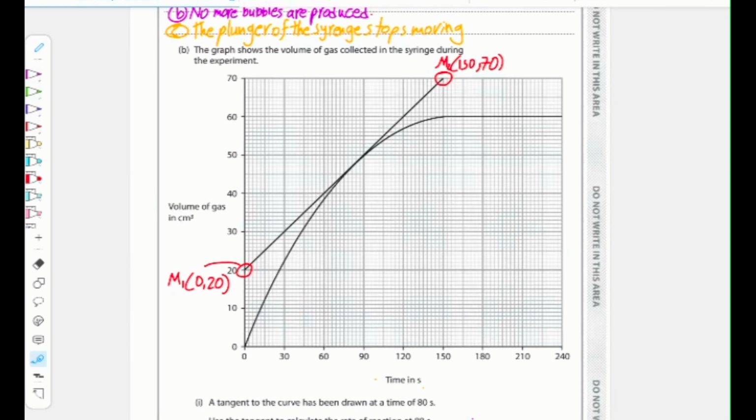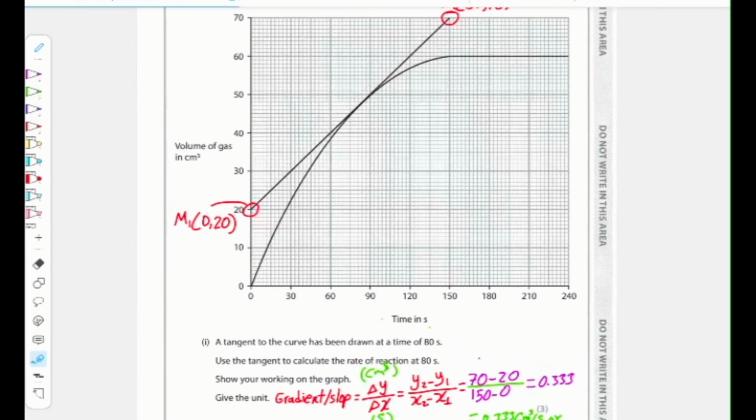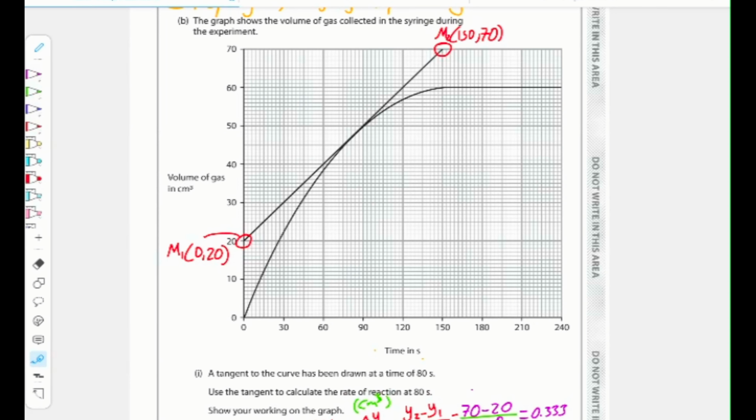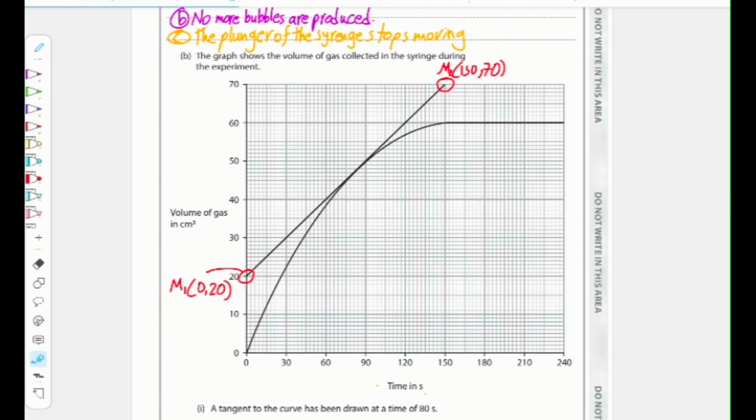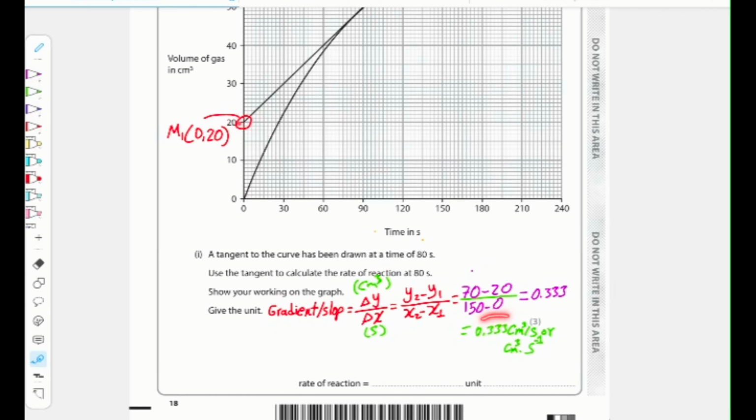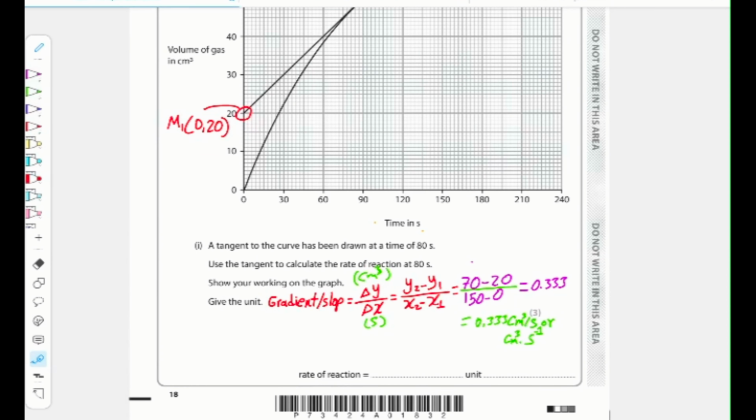So I take y2, which is 70, minus y1, which is 20, as we see here, over x2, which is 150, minus x1, which is 0 here at the beginning of the reaction. And I take the result here.